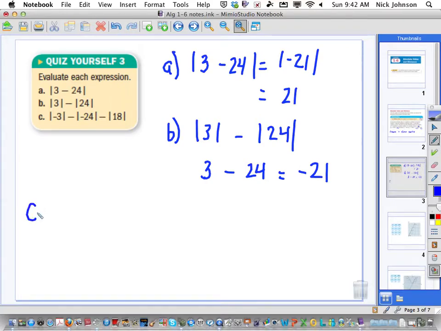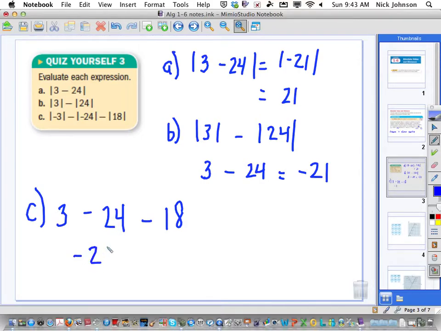So let's look at C. The absolute value of a negative 3 is a positive 3, minus the absolute value of a negative 24, which is a positive 24, minus the absolute value of 18, which is 18. What's 3 minus 24?